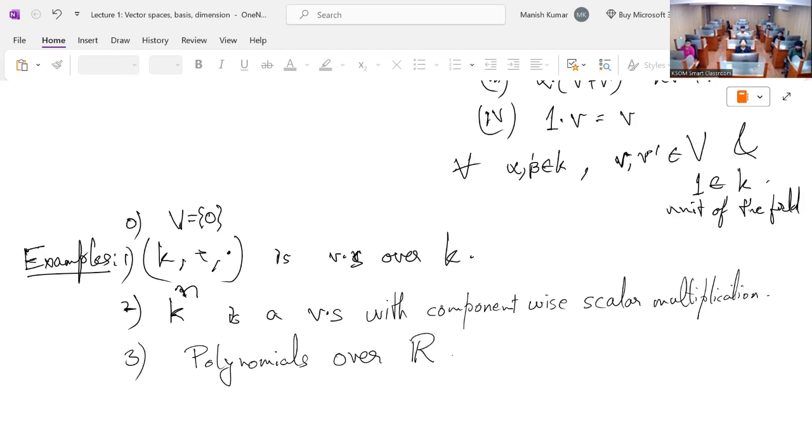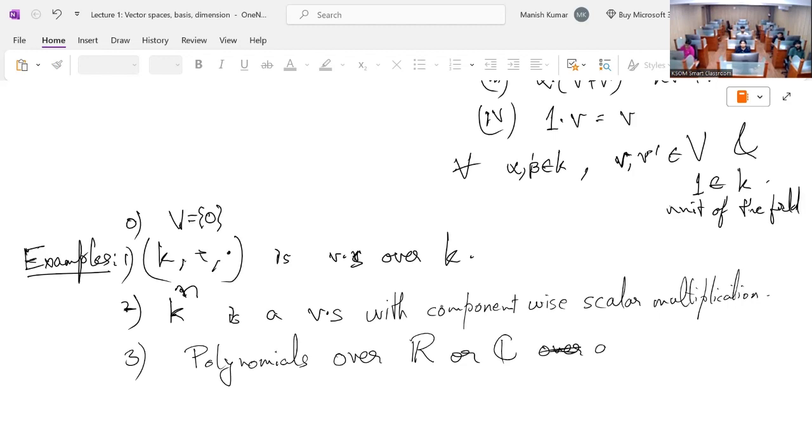If you consider two polynomials and add them, you get another polynomial. Or if you do a scalar multiplication, you get another polynomial. So polynomials over R or C, or for that matter, over any field.